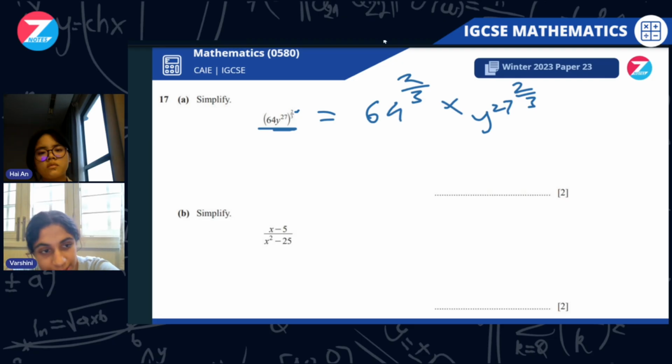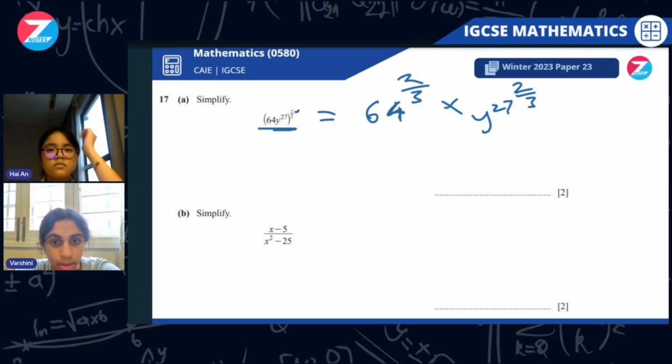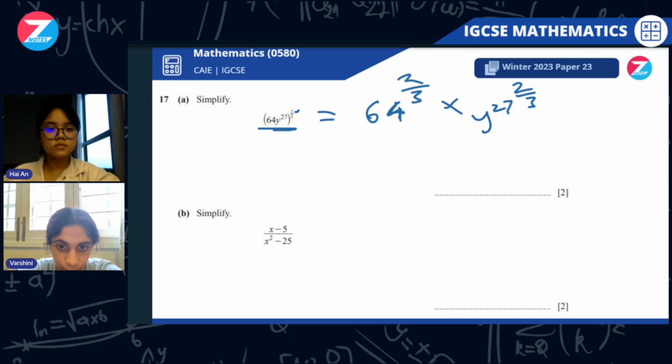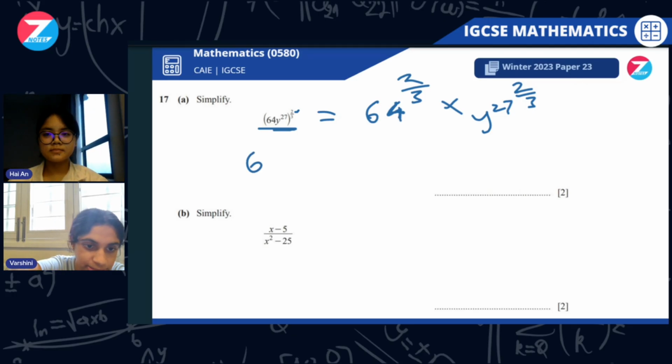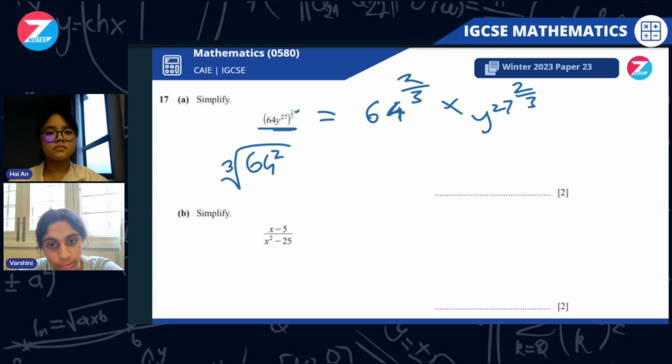So first let's simplify 64 to the power 2 by 3. If you're taking the exam past 2025, you won't have a calculator to do this. The easy way is to rewrite 64 to the power 2 by 3 as the cube root of 64, squared. First let's find the cube root of 64.